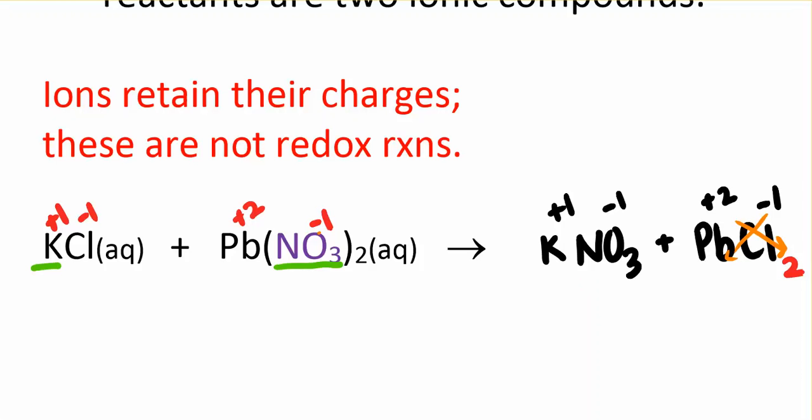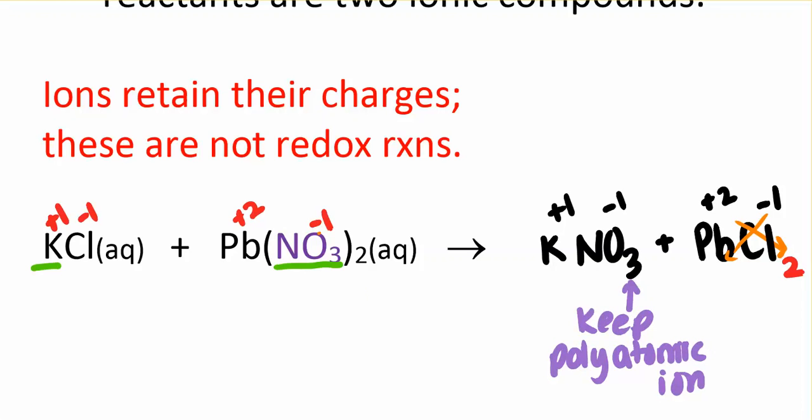Now I need to clarify something a little bit. Why did we keep this 3 here? Why didn't we just put NO? And the reason that we did is that we keep this because it's part of the polyatomic ion. But this 2 we don't keep.